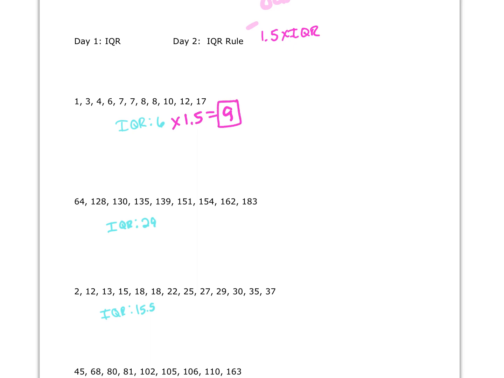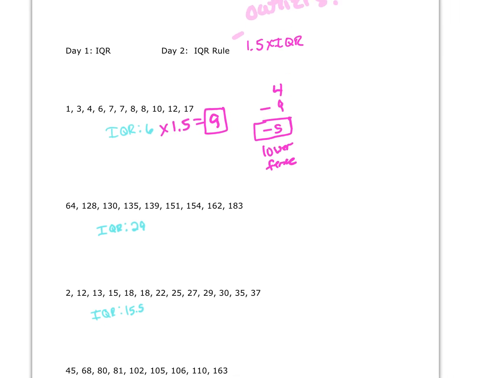What we do with this new value is find what's referred to as our lower fence and our upper fence. In other words, we subtract that amount from our quartile 1. On that first example, what was quartile 1? 4. So we do 4 minus 9, and we get negative 5. That's what's considered our lower fence.